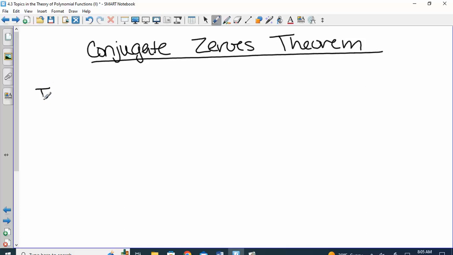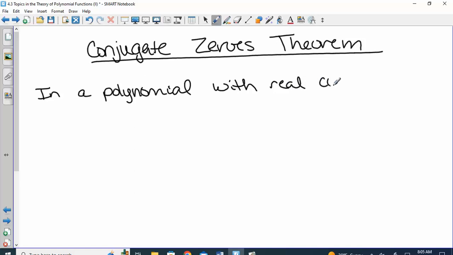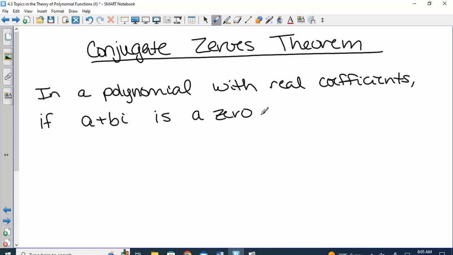And what it says is in a polynomial with real coefficients, if a plus bi is a zero, so is the conjugate.